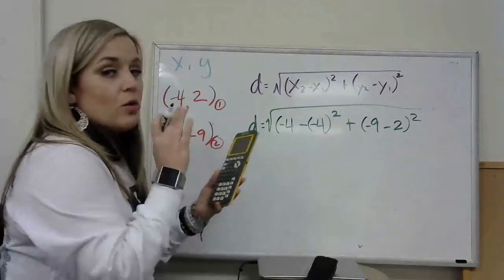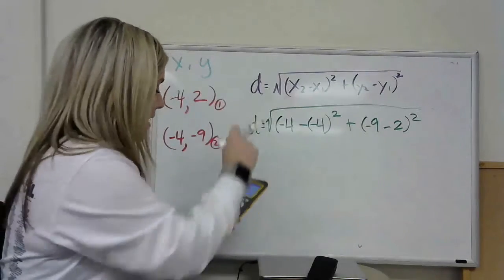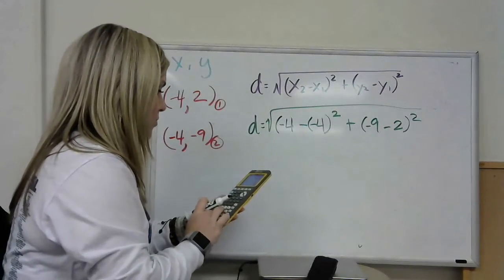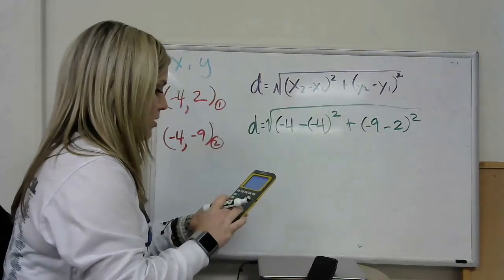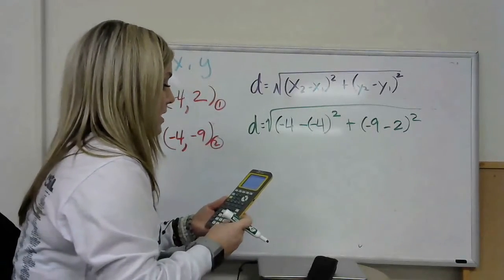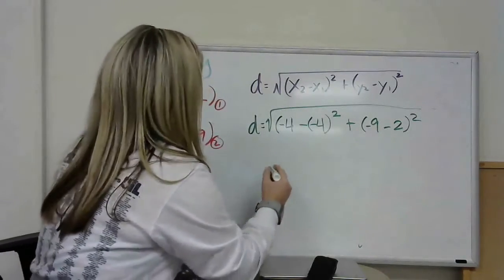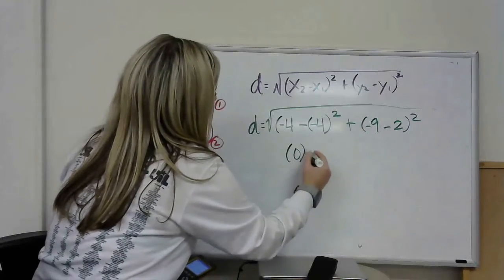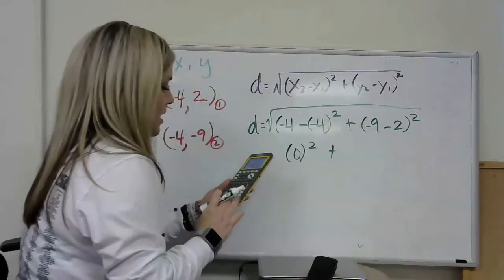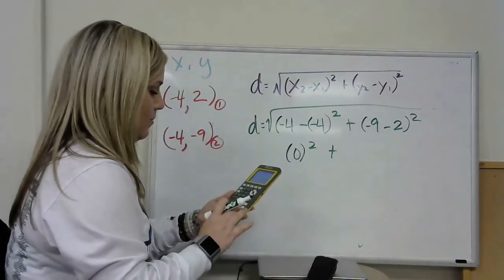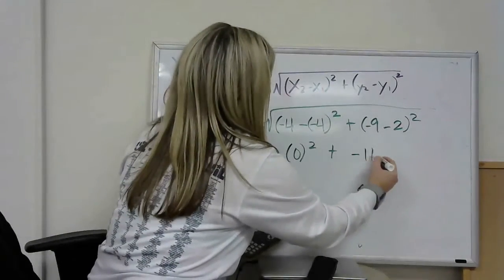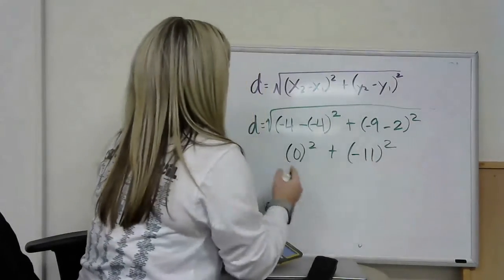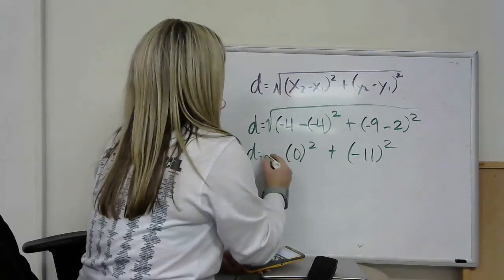Okay, so in my calculator, I'm writing down exactly this. I'm going to do -4 minus -4, close, enter. And I got 0, okay? 0 squared plus. Then I have -9 minus 2, and I get -11 squared, okay?